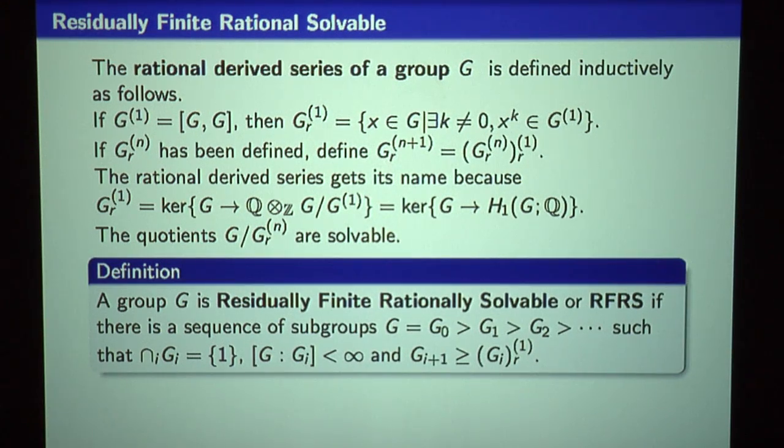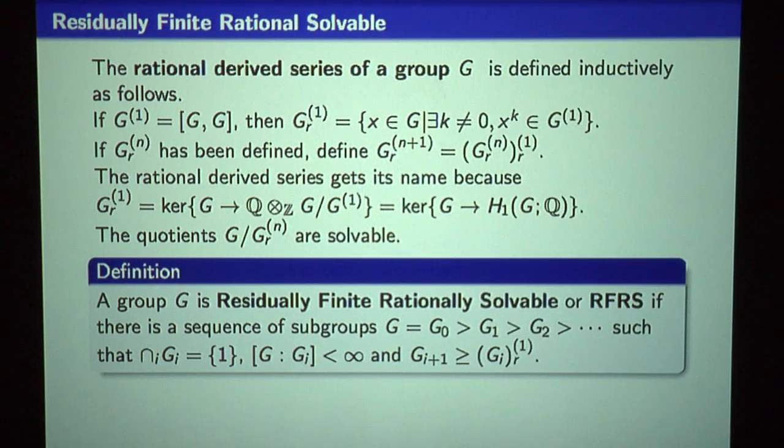So a group G is called residually finite rationally solvable, or what I abbreviate as RFRS, if there's a sequence of subgroups G equals G_0 greater than G_1, G_2, whose intersection is trivial, so it's a cofinal sequence, and they're all finite index subgroups of G, and each one contains the rational derived subgroup of the previous one.